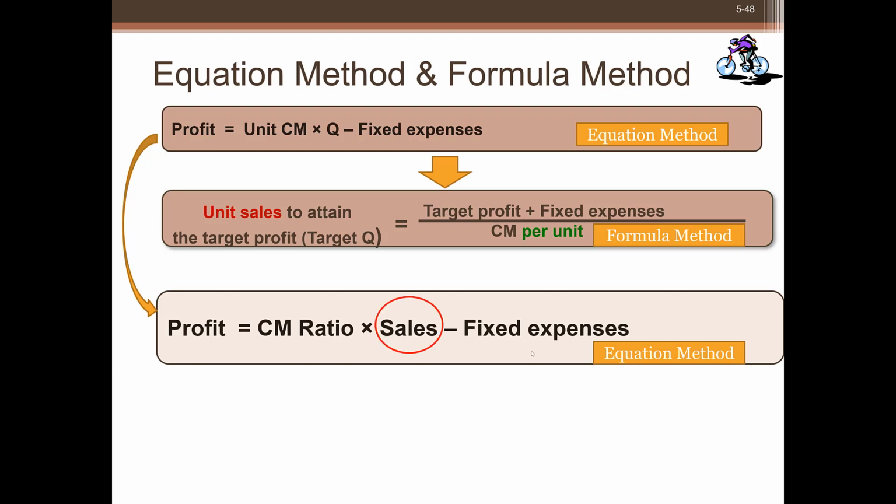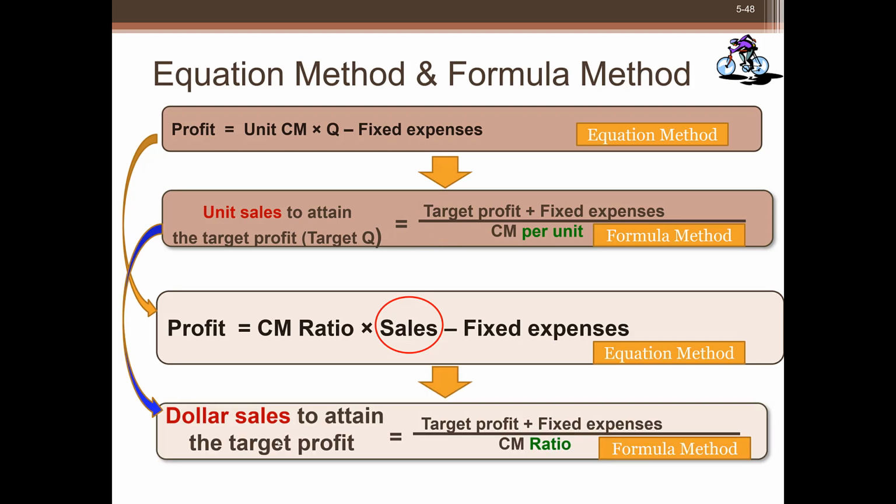This is the equation method to figure out dollar sales. From the second equation here, we can rewrite it as the fourth one. Dollar sales equals target profit plus fixed expenses divided by contribution margin ratio. This is the formula method to find out dollar sales.